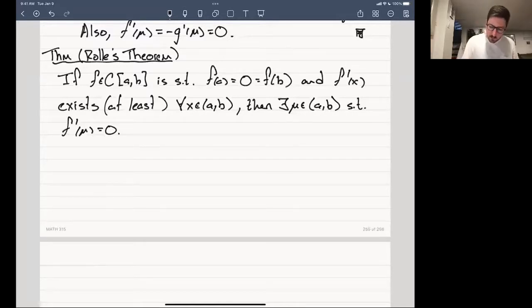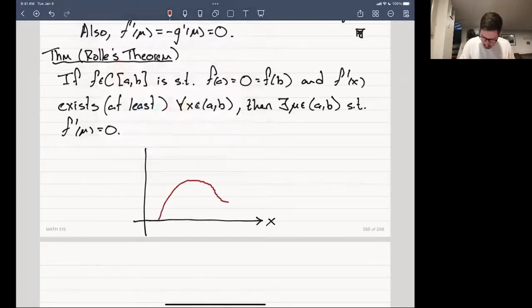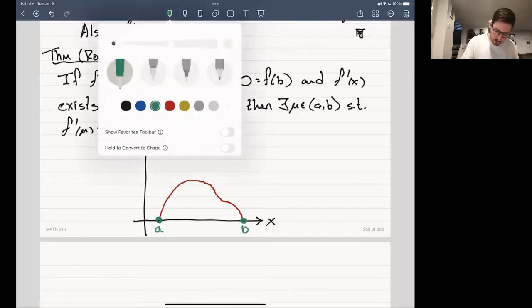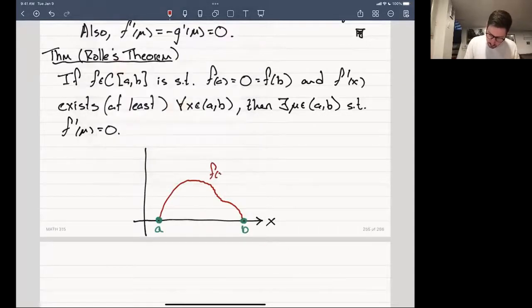Okay, so before I do the proof, let me show you the intuition here. So if I just sketch out my function f of x, I don't know, maybe something like that. I apologize for the squiggliness. Let's say this is A, this is B. Essentially what this is saying is if you traverse the function f of x, the displacement between where you started and where you ended is equal.